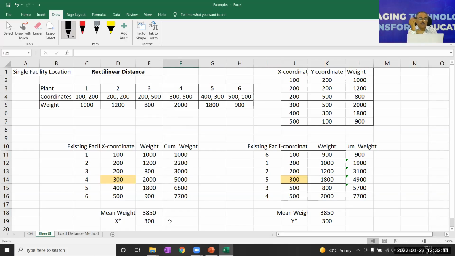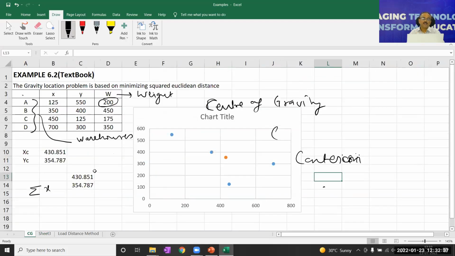So in such a situation where the distance has to be measured in a rectilinear fashion, if we are looking at a single facility location, how can we locate it? So what you have to do is, if it is in terms of the rectilinear distance, the center of gravity method is based on minimizing the squared Euclidean distance.